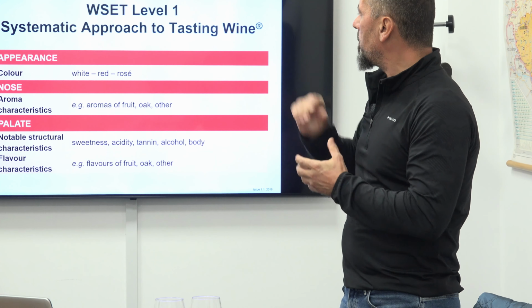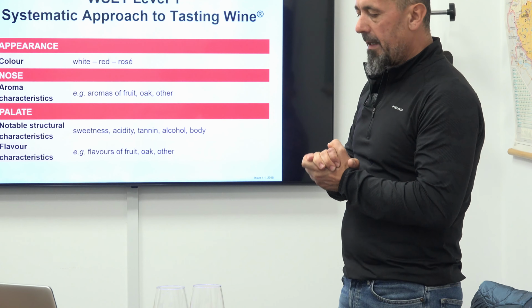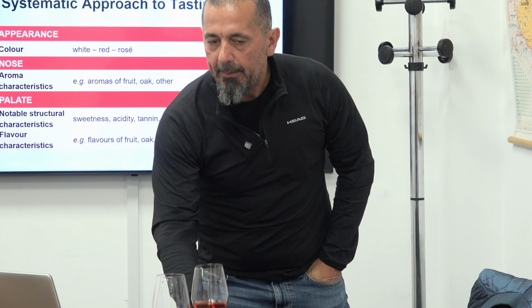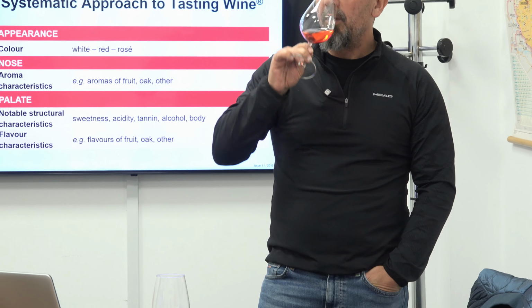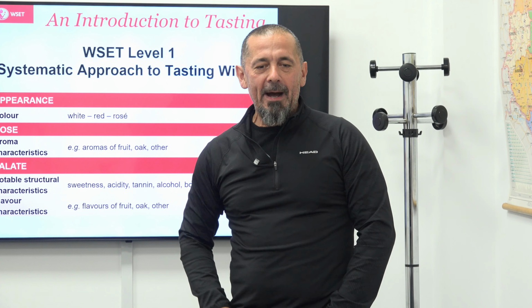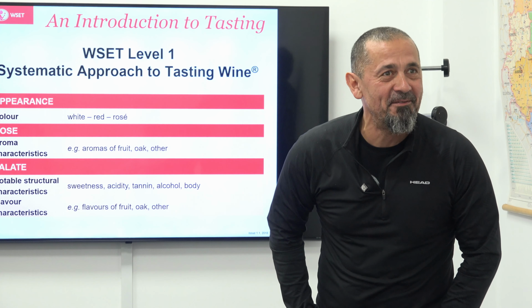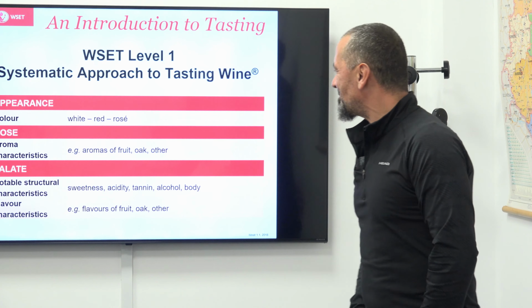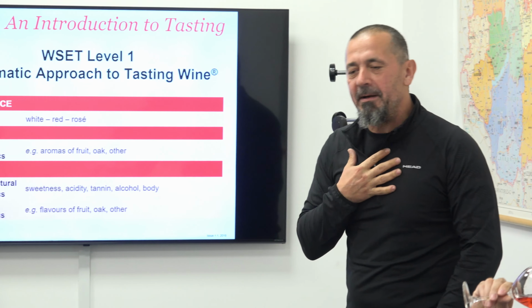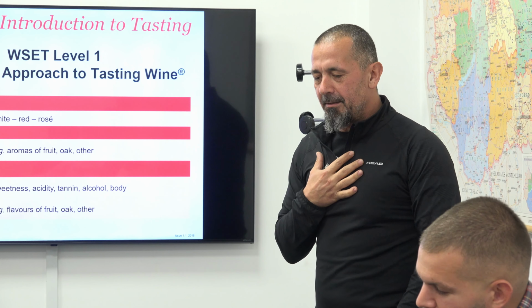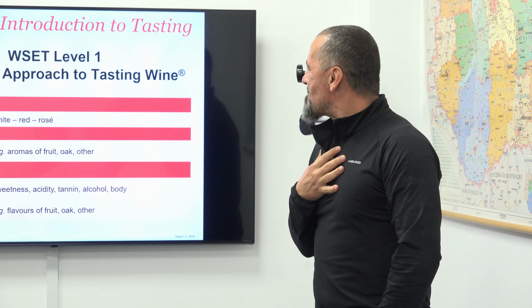And after that, the third one is the palate. So when we taste the wine, please taste it. It's dry. Okay, it has a bit of residual sugar, but let's say it's dry.